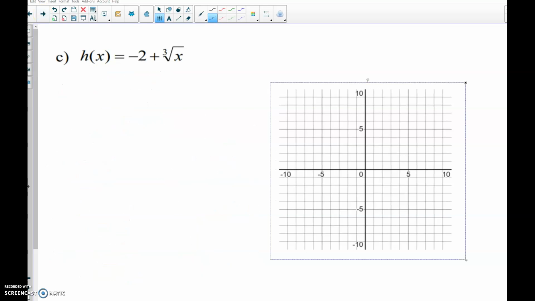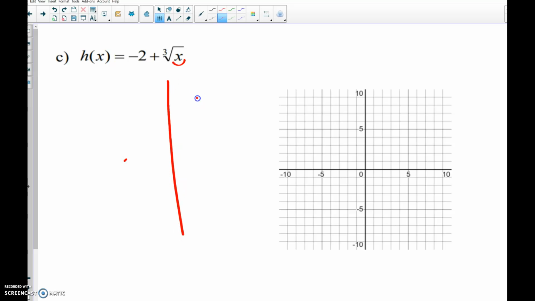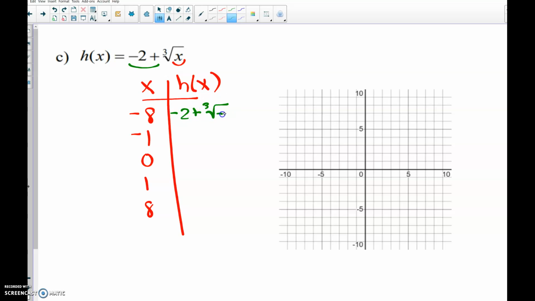Now we are going to graph the cube root. Luckily, the radicand is just x, so the values we are going to input are -8, -1, 0, 1, and 8. Our function has -2 plus the cube root, so we have -2 plus the cube root of -8.